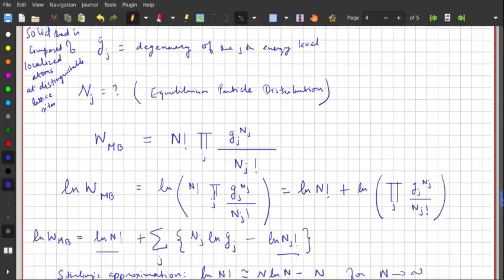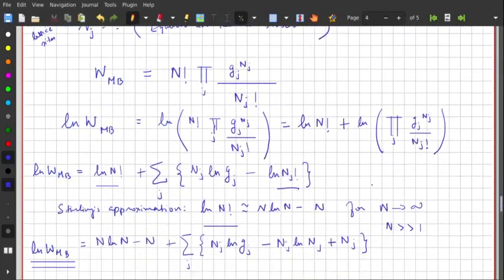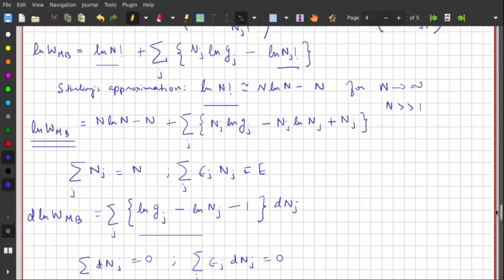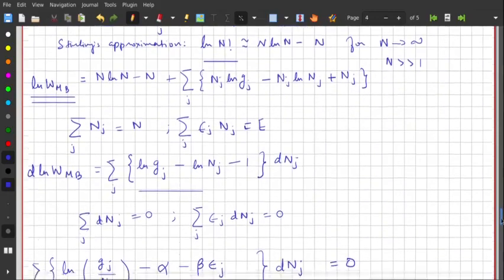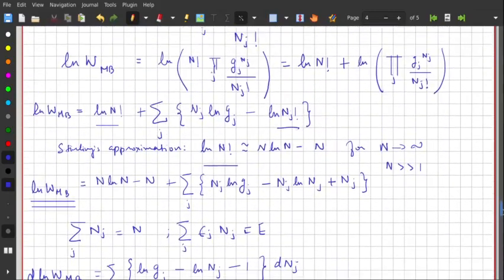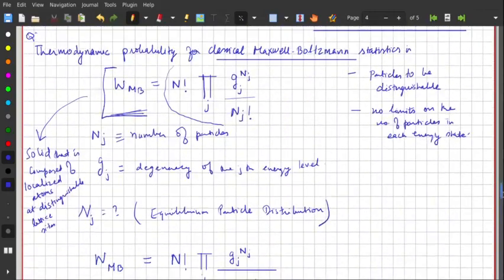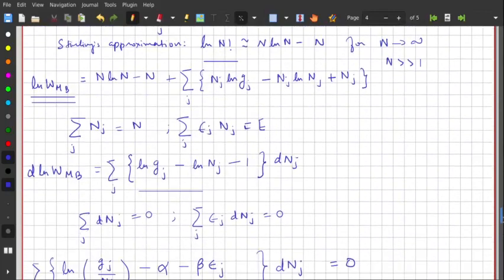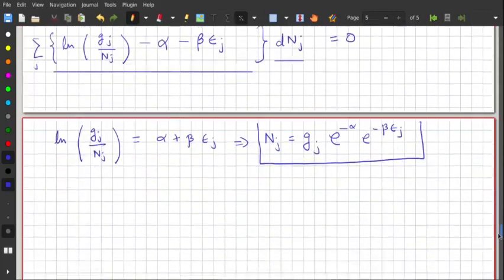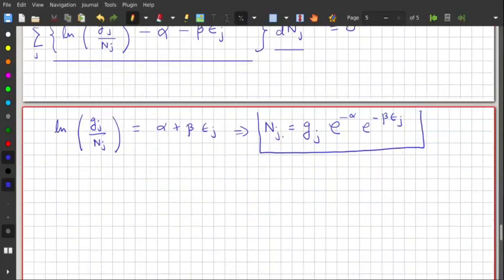We want to convert it into a continuous version for large n's, so we use Stirling's approximation to convert it into a continuous problem, and then we use the method of Lagrange multipliers to optimize the logarithm of the thermodynamic probability under the given constraints and compute the equilibrium particle distribution.